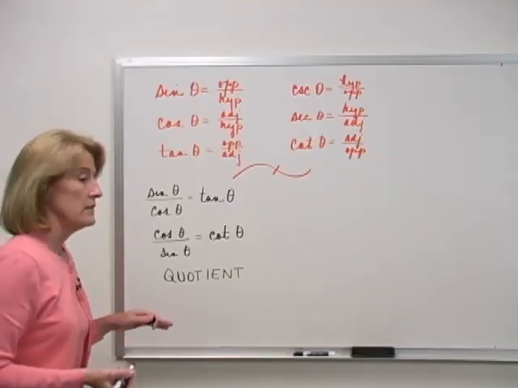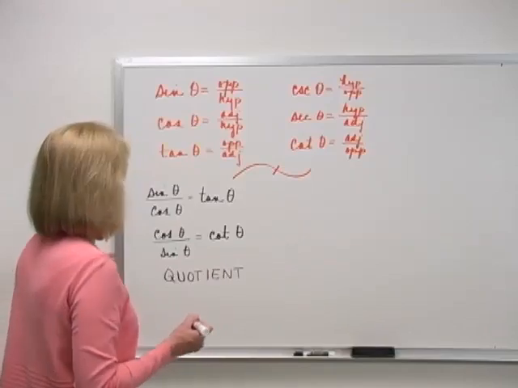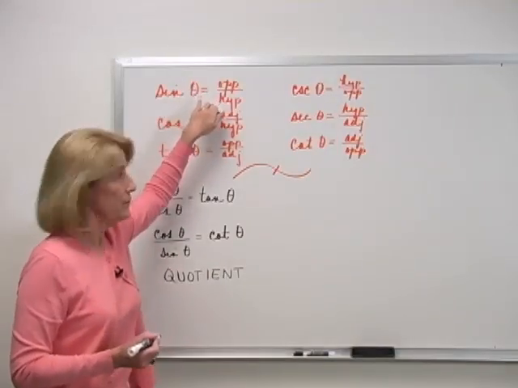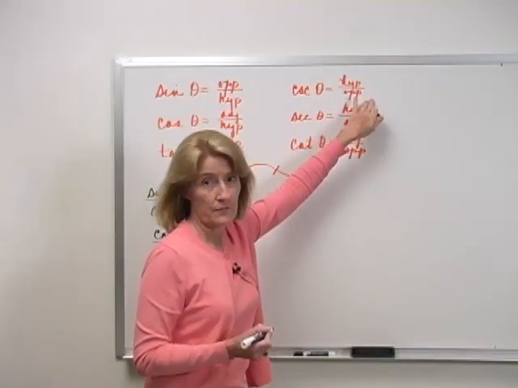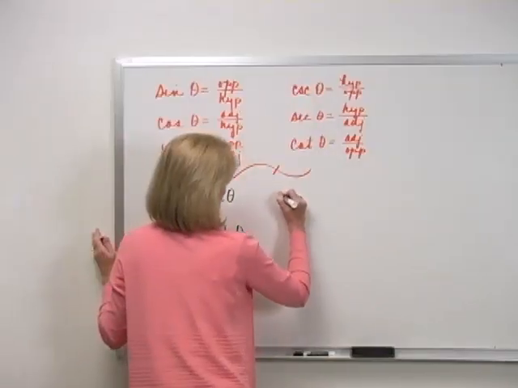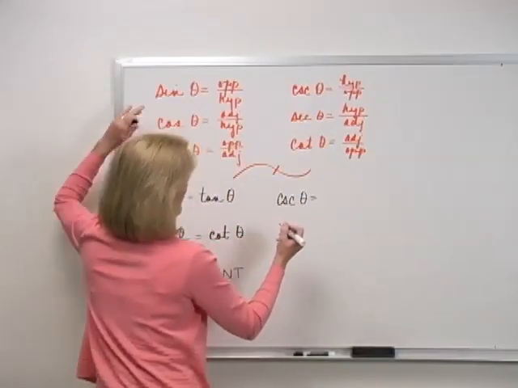Okay, now let's take a look at the reciprocal identities. Well, sine is opposite over hypotenuse. Cosecant is hypotenuse over opposite. So what that means is that cosecant of theta is equal to 1 over the sine.